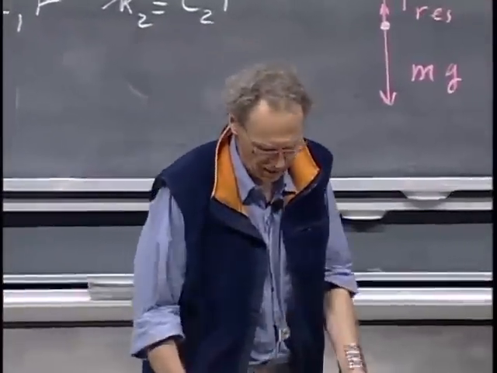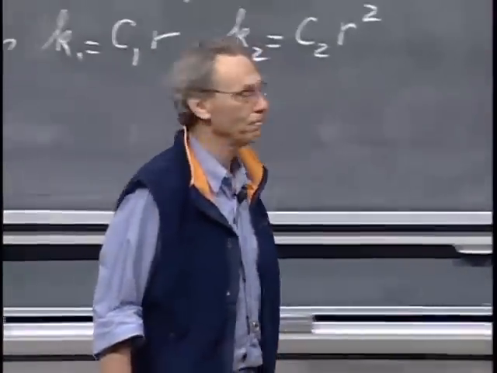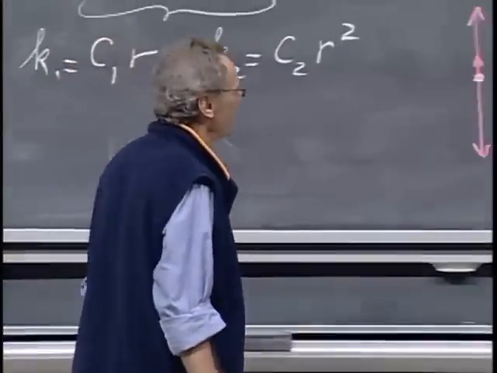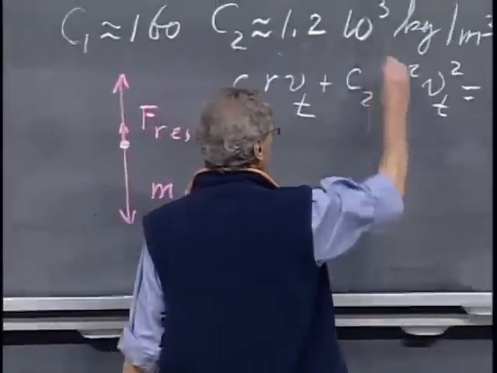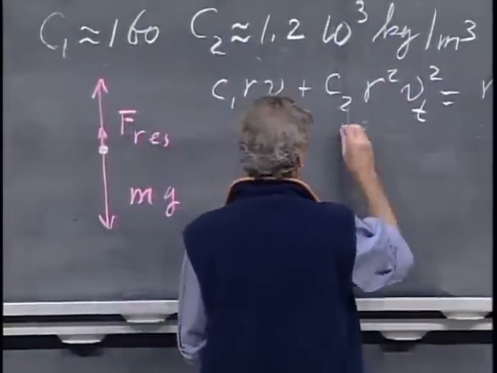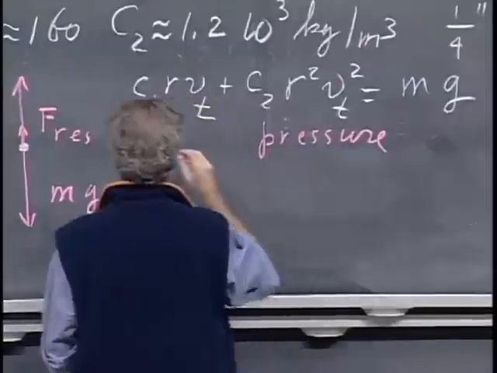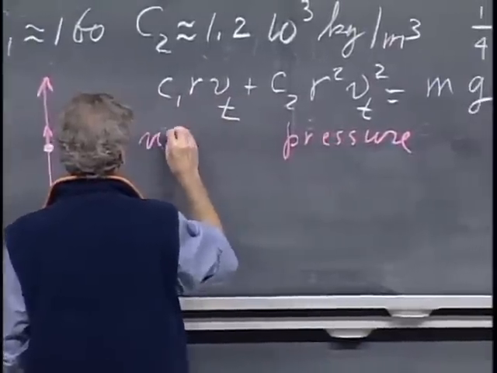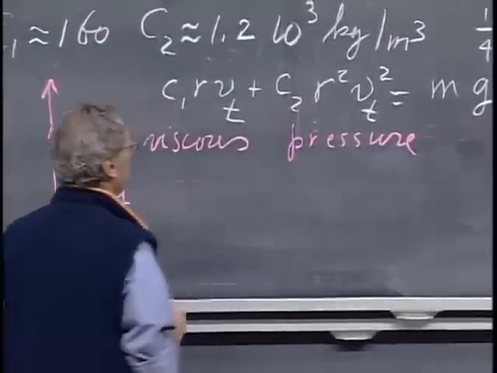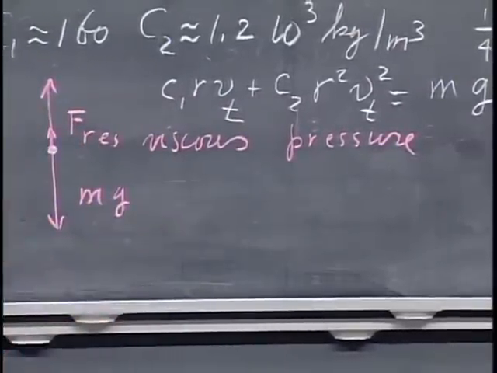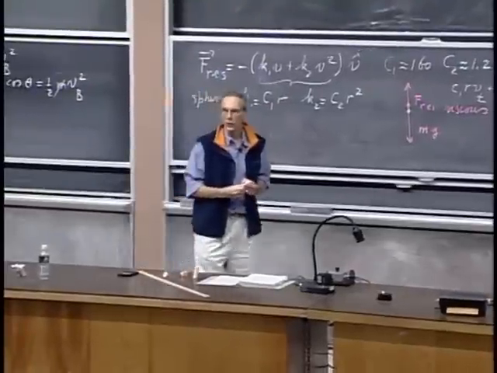But if you did that, that would be a silly thing to do. And the reason why that would be silly is that I claim that this term, which by the way we call the pressure term, can be completely ignored compared to this term, which we call the viscous term. How do we know that that pressure term can be ignored?